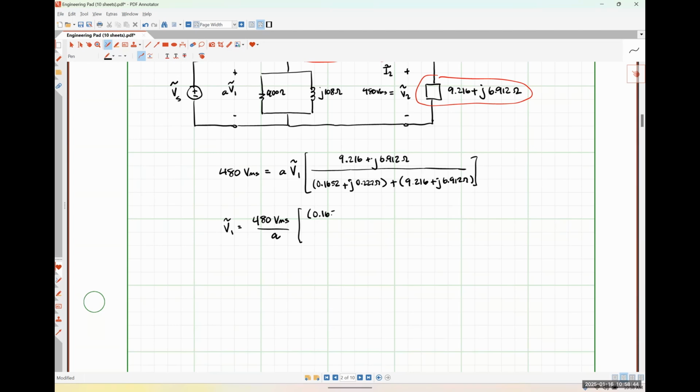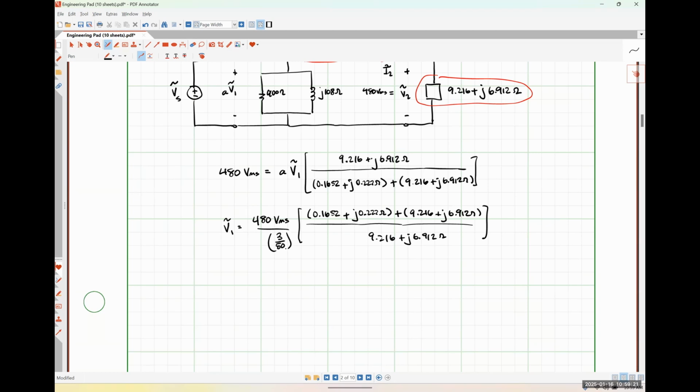So 0.1652 plus J 0.222 plus 9.216 plus J 6.912 ohms, all over 9.216 plus J 6.912 ohms. And for what it's worth, I'm just going to replace this A really quickly with 3/50.